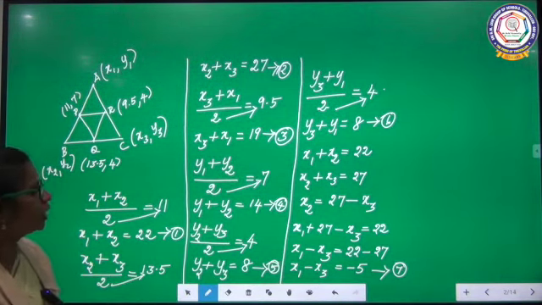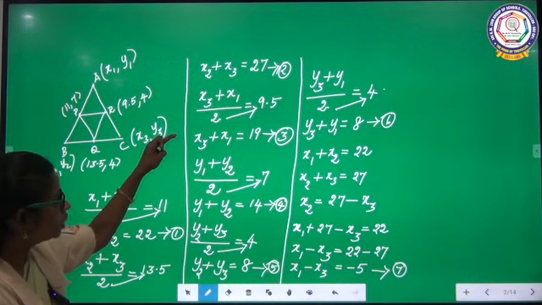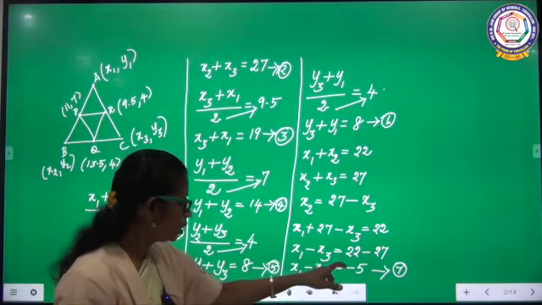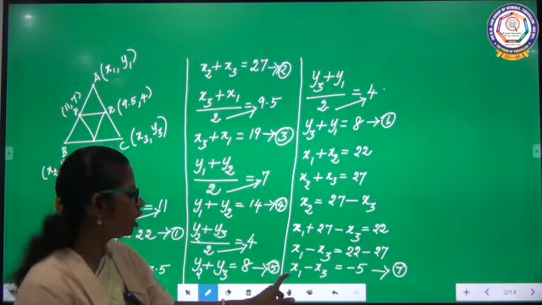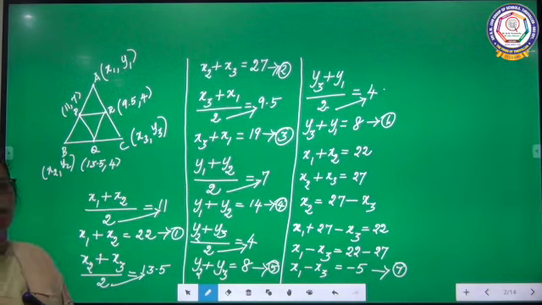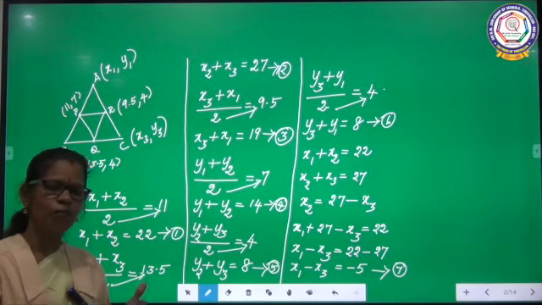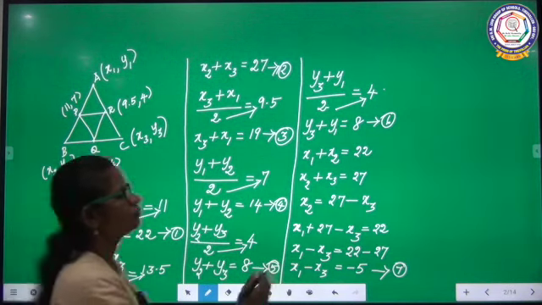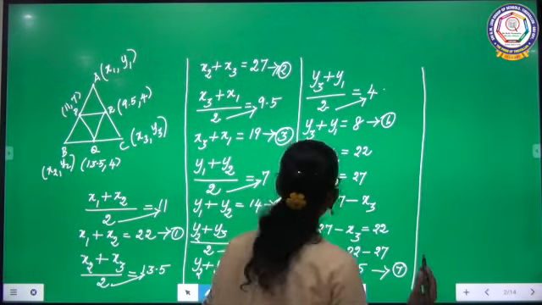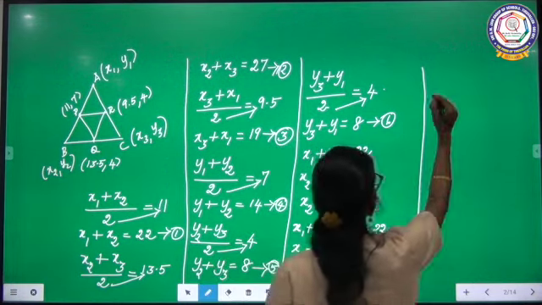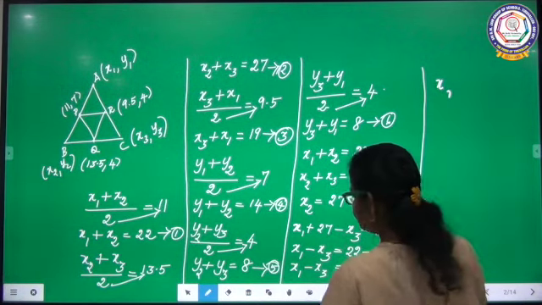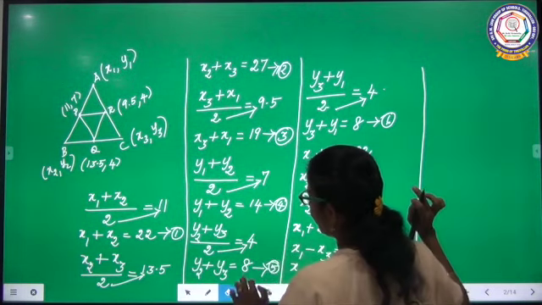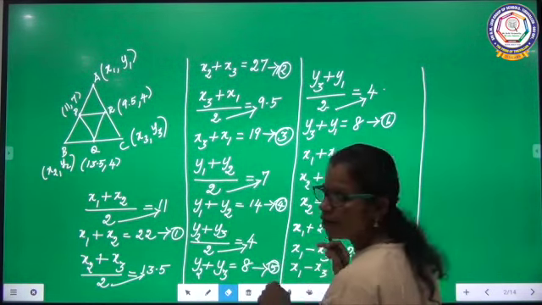What I am going to do in the next step is eliminate using the elimination method. I am going to apply the elimination method on equation number 3 and 7. What is your equation number 3? x1 plus x3 equal to 19.